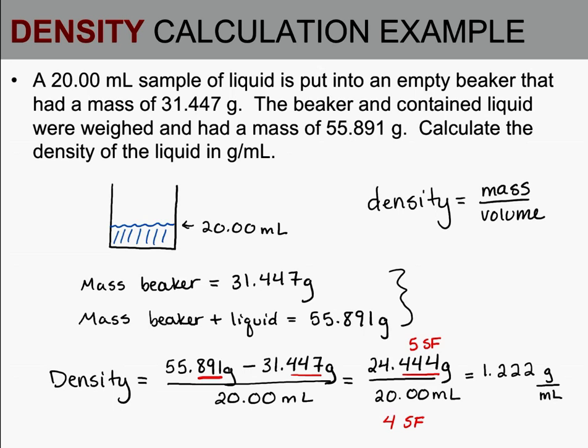And then the 0 right here is considered a buried 0. So that would also be considered significant. So because our least certain value has 4 sig figs, that means our final answer should also have 4 sig figs.